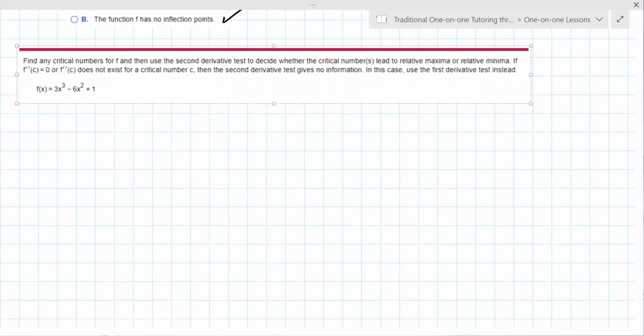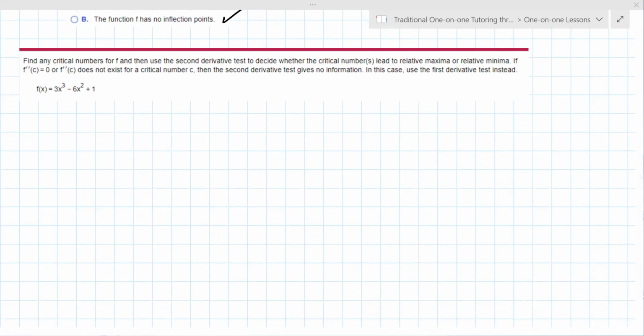Let me just do a quick graph of it. Hopefully it has an inflection point or two. Okay, it does. Thank goodness.